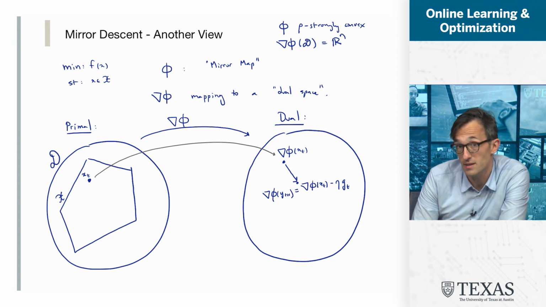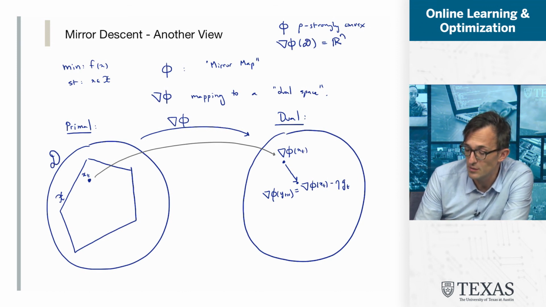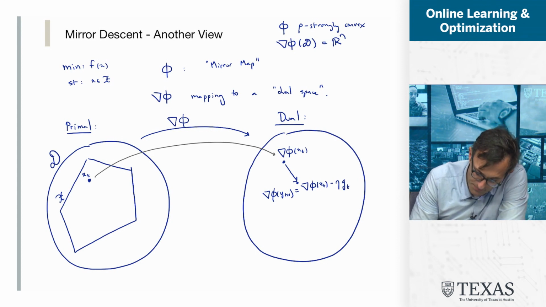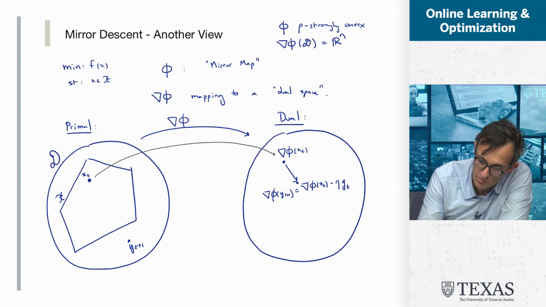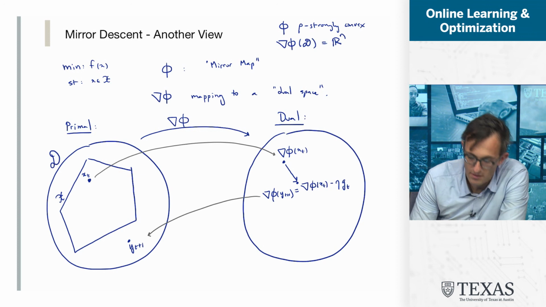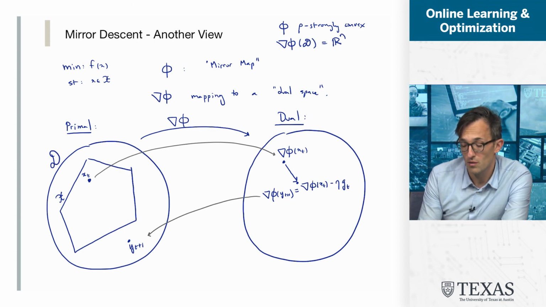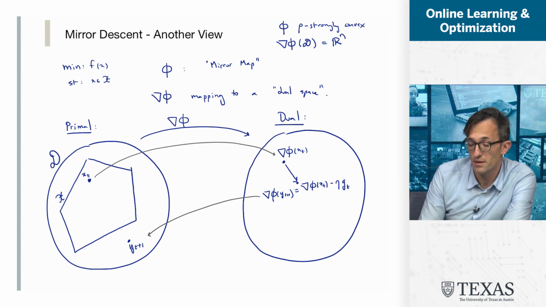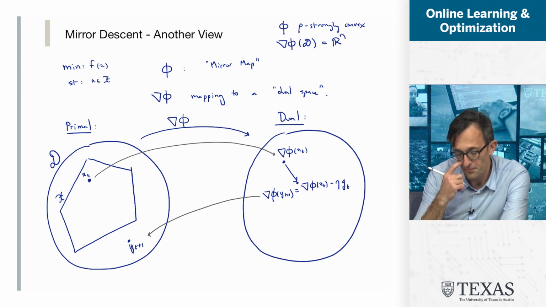It may be in X, it may not be in X, but I know that its image under the gradient of phi is equal to the gradient of phi of xt minus eta gt. So let me draw y. This is my yt plus 1, which comes from the pre-image of the gradient step in the dual.